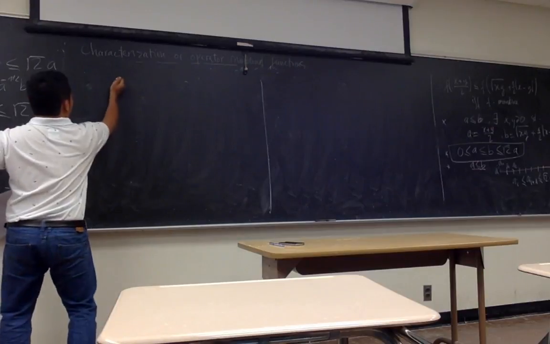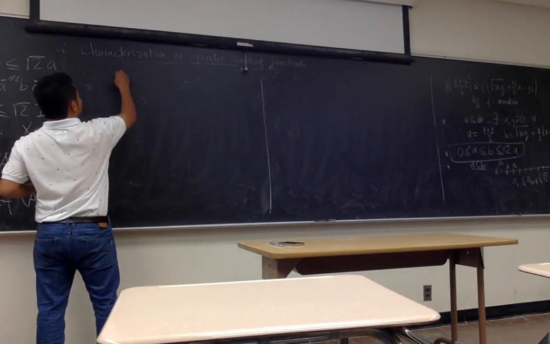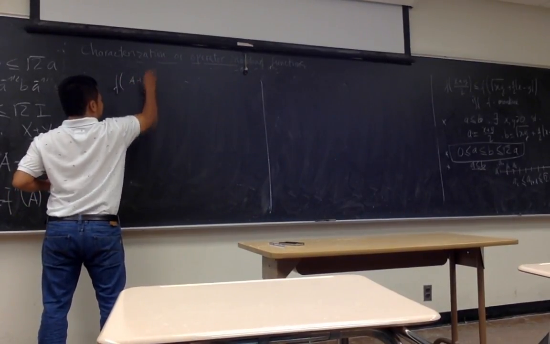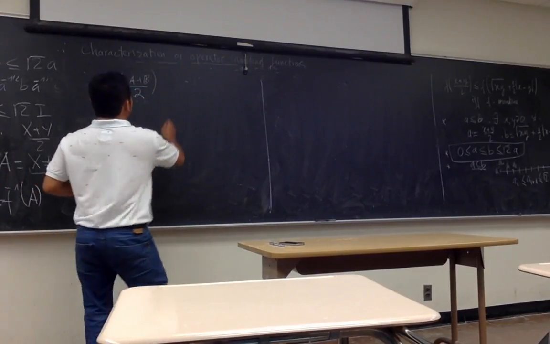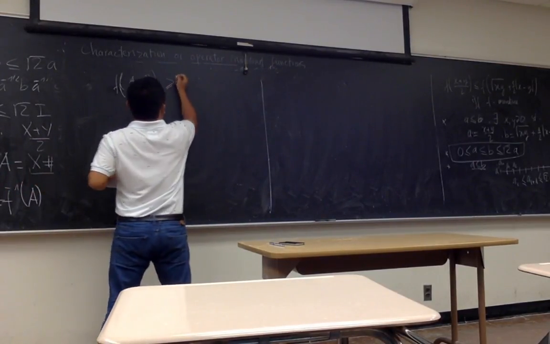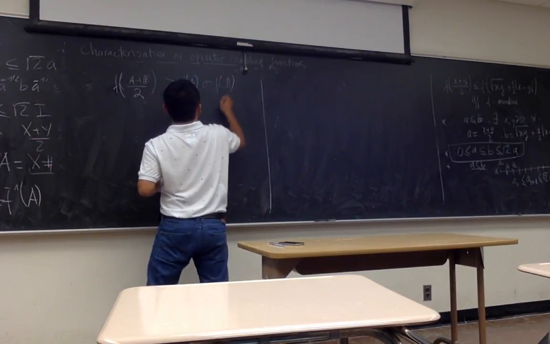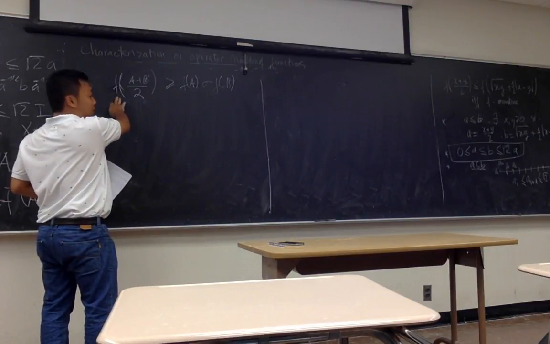As I told, I recall the paper, the result of Hiai and Ando. They proved that if the geometric mean of FA and FB is greater than F of A sigma B for some sigma, then F is an operator monotone decreasing function.